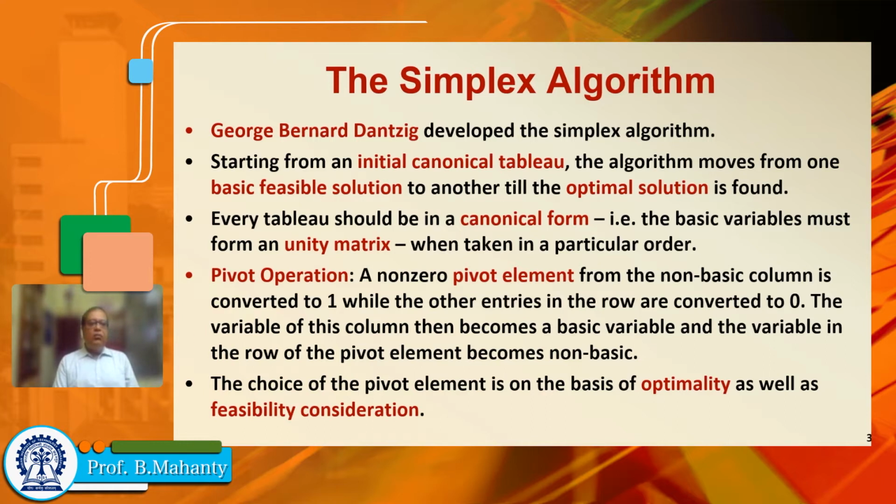So here an important word is the canonical tableau. The canonical tableau means that in the table every equation will contain at least one variable, I mean one variable, that is there only in that particular constraint.